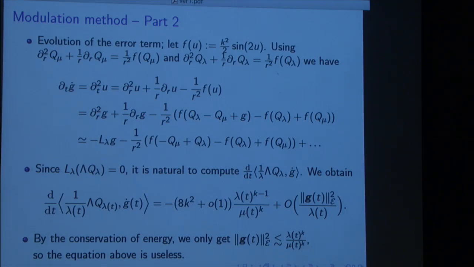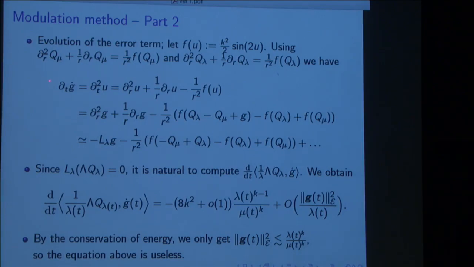Okay, and for the error term, I just write its evolution. To make it a bit shorter, I denote the nonlinearity by small f of u. Then by straightforward computation I obtain this evolution for g dot. The g dot is not the time derivative of g, sorry. It is just a pair of functions.